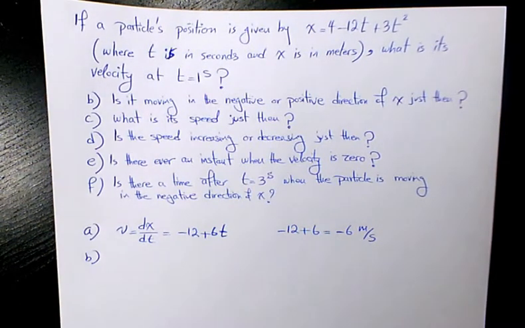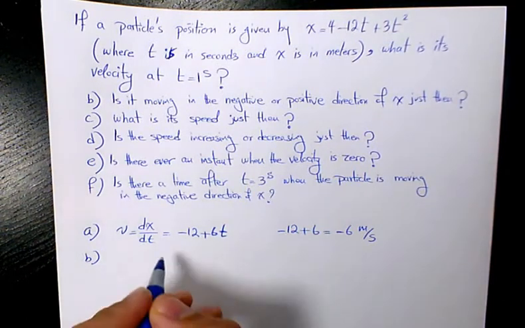Part B says, is it moving in the negative or positive direction of x just then? Since velocity is negative, it is moving in the negative x direction at time t = 1 second.